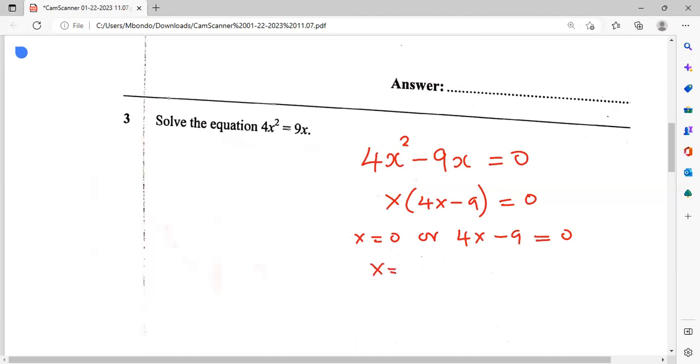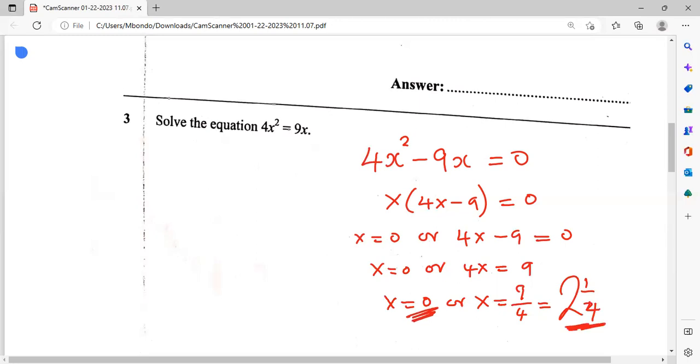When you work out this one, 4x is equal to 9. Then you have x is equal to 0, or x is equal to 9 over 4, which is 2 1 over 4. So you have got this value or this value. Mathematics is a very simple subject that you should be enjoying working with.